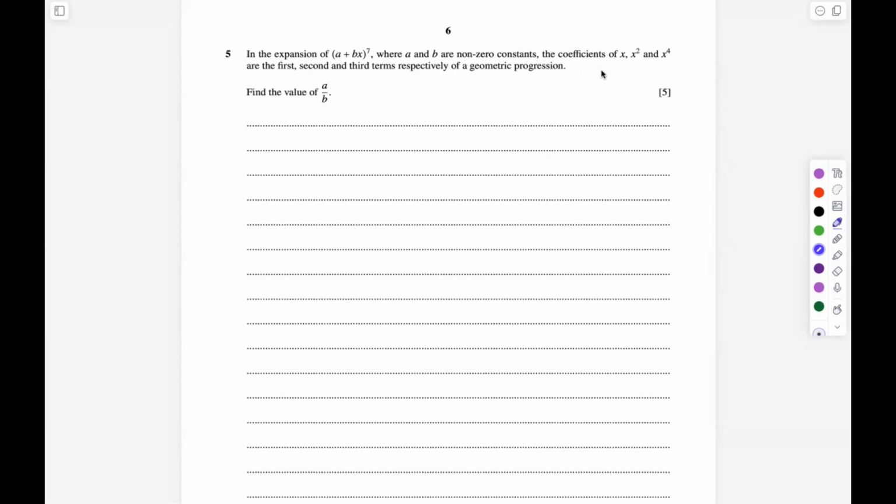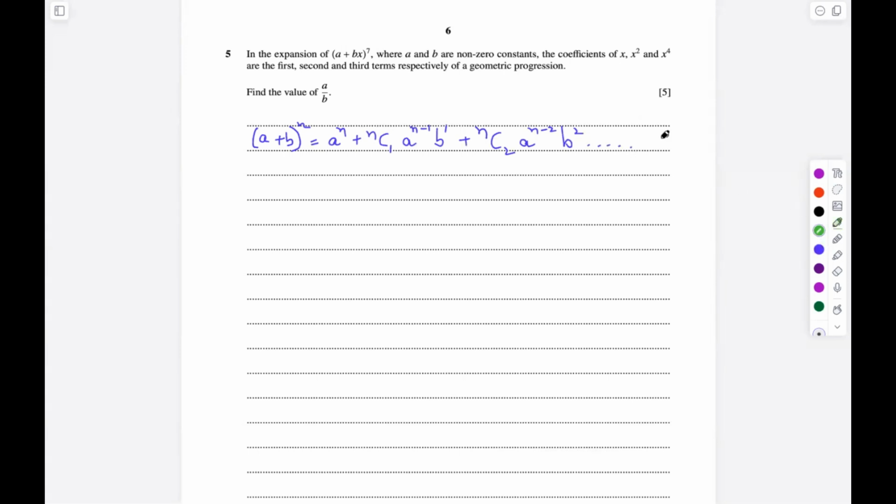Now, in the first step, we'll try and find the coefficients of x, x squared, and x to the power 4. We know that the expansion formula for (a + b) to the power n is a to the power n plus nC1 a to the power n minus 1 and b to the power 1 plus nC2 a to the power n minus 2 and b to the power 2 and so on.